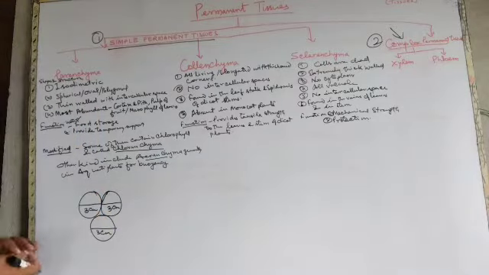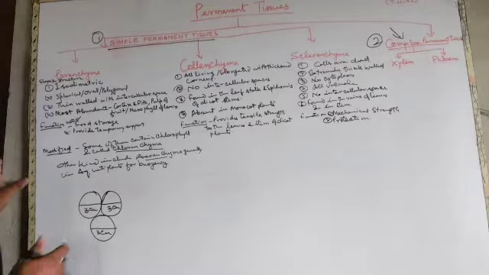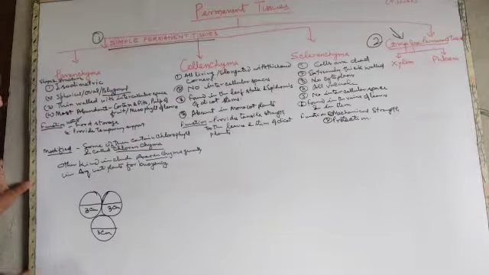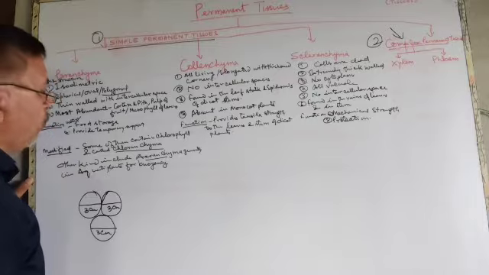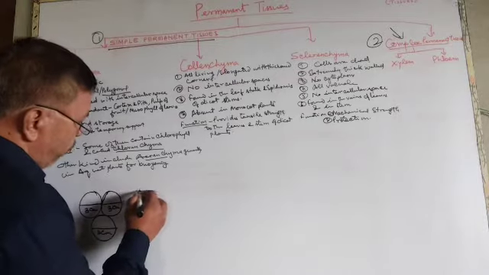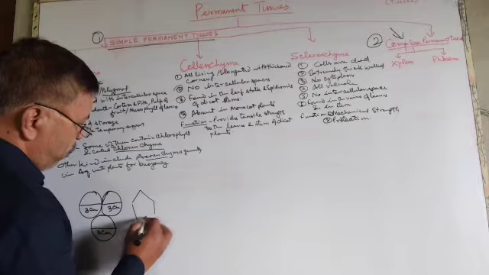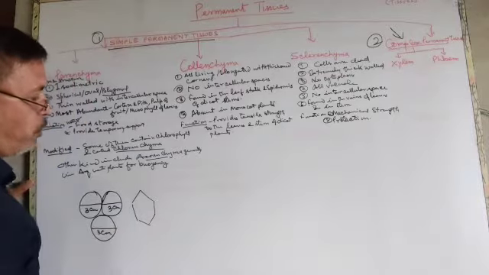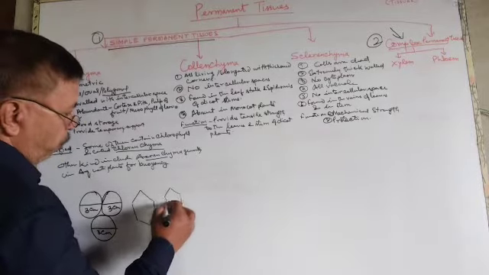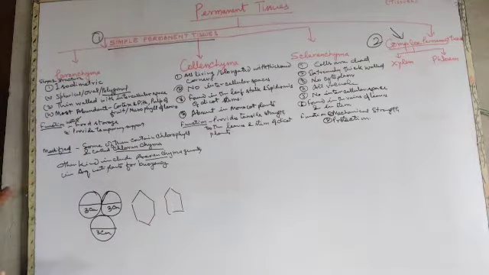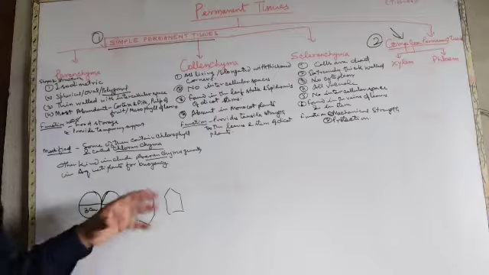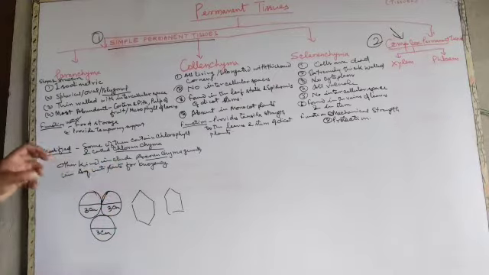Some of these cells in parenchyma are oval in shape and some are polygonal. Polygonal, you may have read about the pentagon, hexagon, heptagon, octagon. Polygonal means they have many sides. This is hexagonal, this is pentagonal, right? So the cells may have different sides, and that is a closed figure.